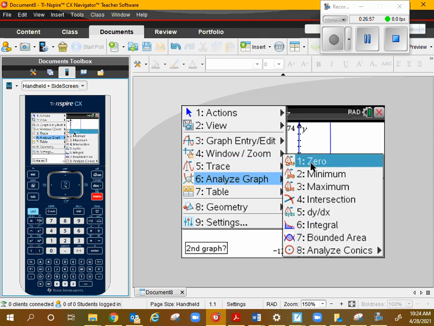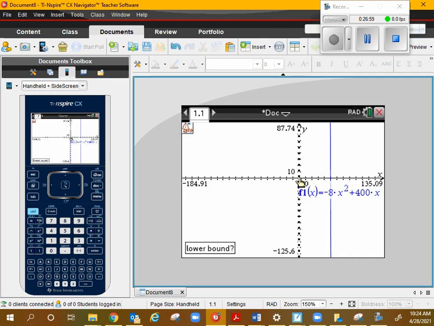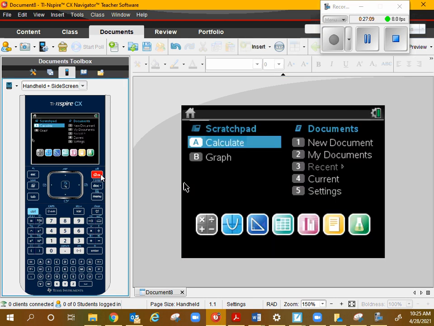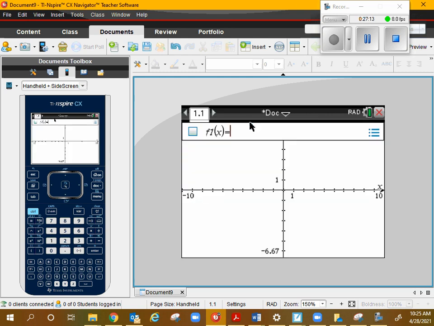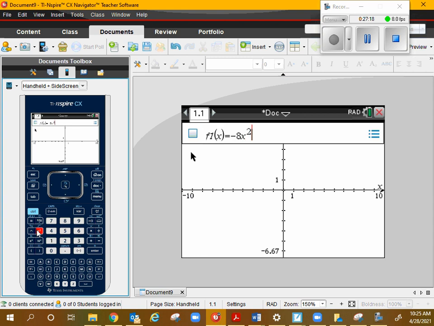It's not working. Oh, zeros. Duh. There it is. You just have to get the whole parabola in your window. Okay, I'll start over. New document. No. Add a graph. Negative 8x squared plus 400x.